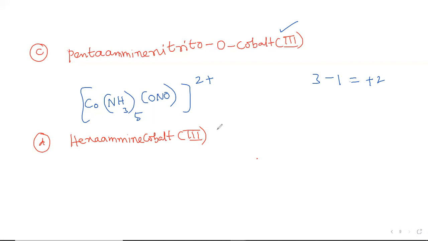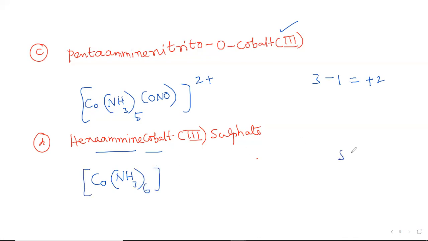Outside they have given sulfate. So this is the name given to us. Hexaamminecobalt means cobalt is the central metal in this one also. So NH3 ammine ligands are there, 6 of them.